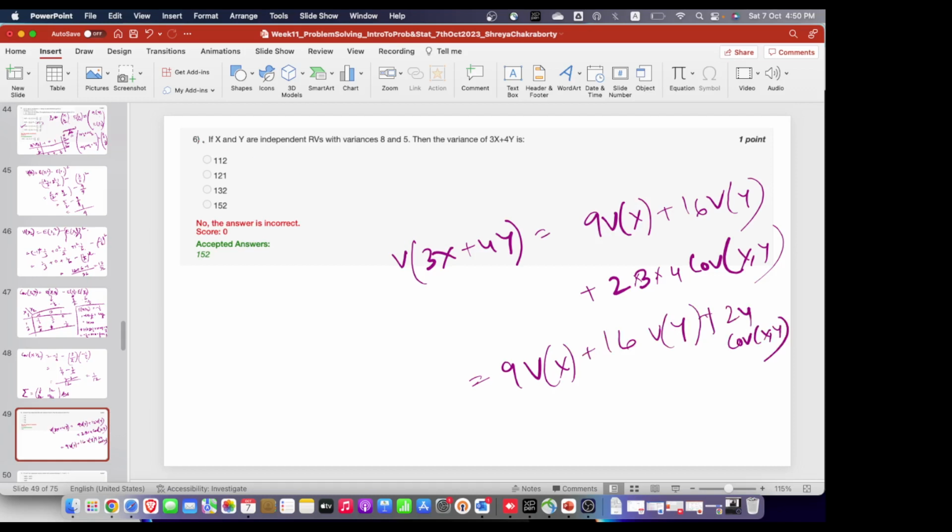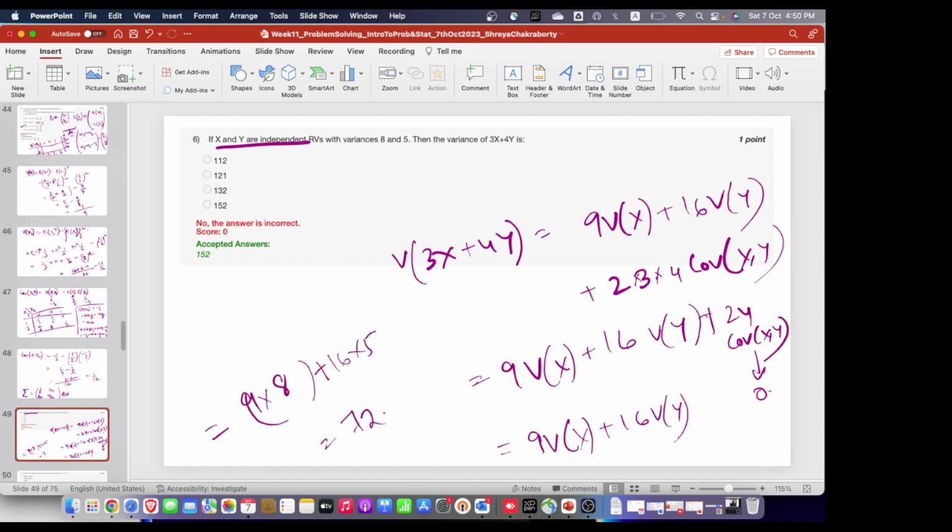Now since x and y are independent, the covariance term will be 0, so we end up with 9 variance of x plus 16 variance of y. So it will be 9 into 8 plus 16 into 5, that is 72 plus 80, which is 152. That is the answer.